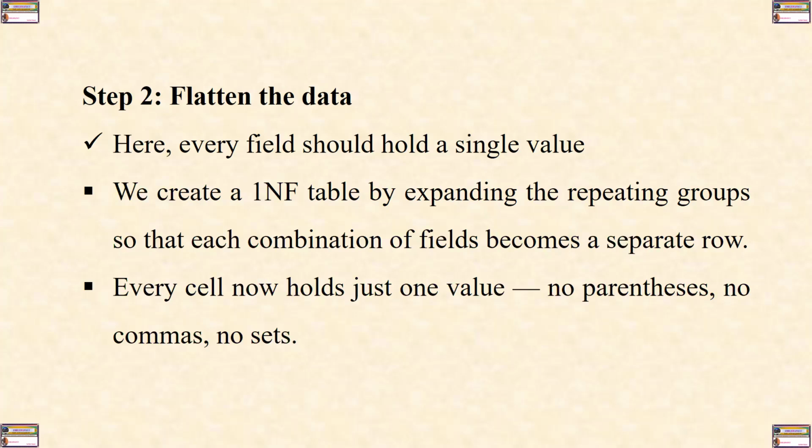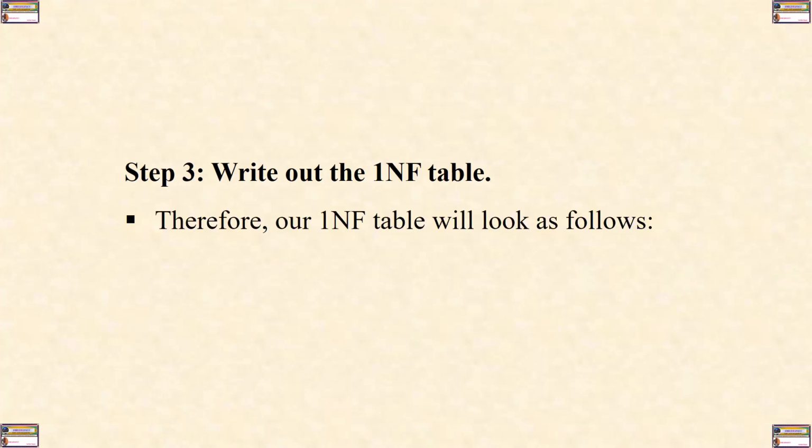So every cell now holds just one value. No enclosing in braces or parentheses, no use of commas, no use of sets. We just ensure that each data item stands on its own. Once we have done that, we write out the first normal form table. Therefore, our first normal form table will look as follows.